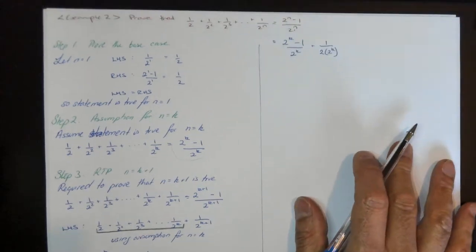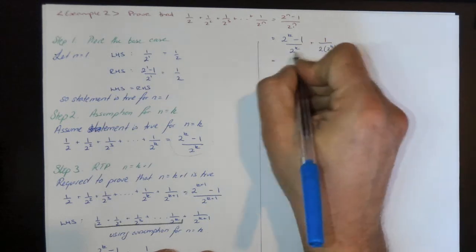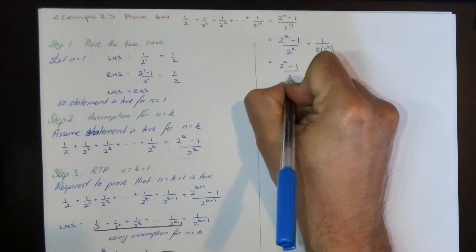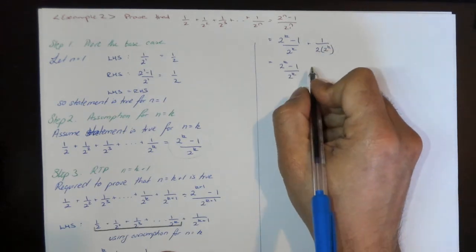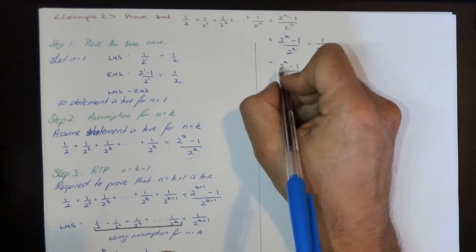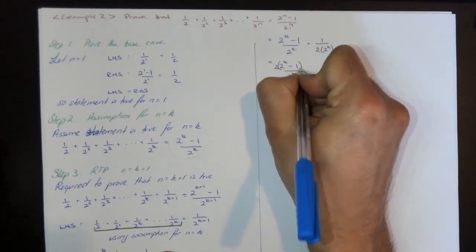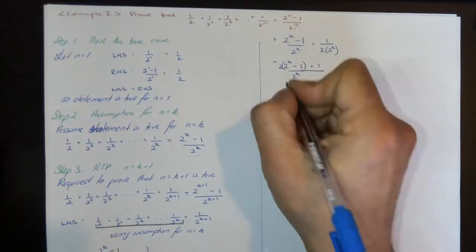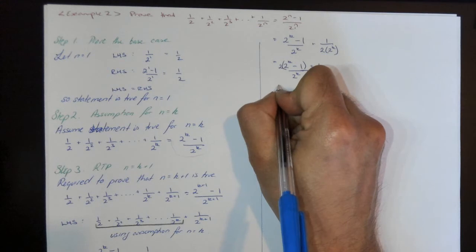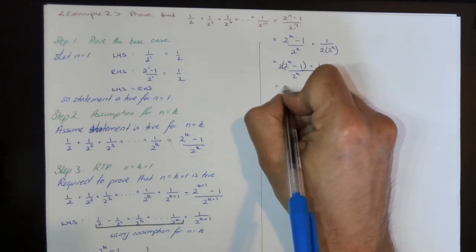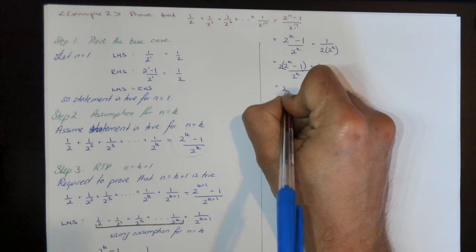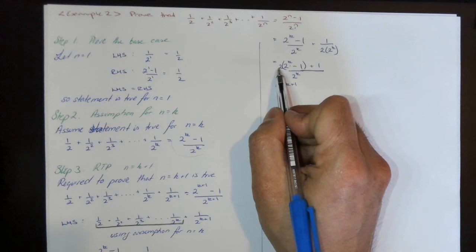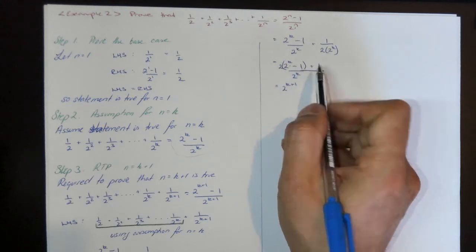So to make them the same, they're adding fractions now, we've got 2 to the k minus 1 over 2 to the k. I really want this to be multiplied by 2, and we're going to add 1. So if I just expand out, that's really 2 to the k plus 1, multiplying those two together. 2 times negative 1 is negative 2 plus 1 is negative 1.